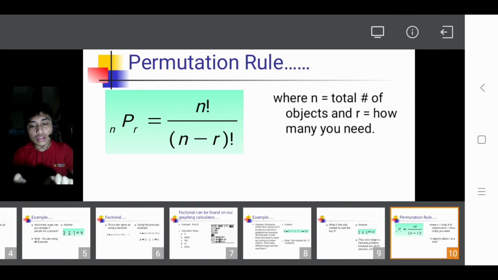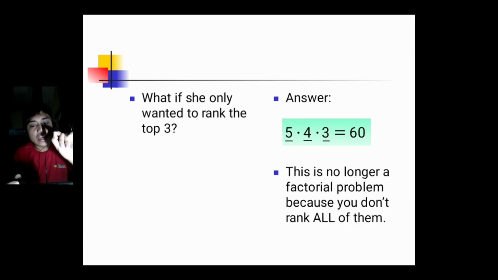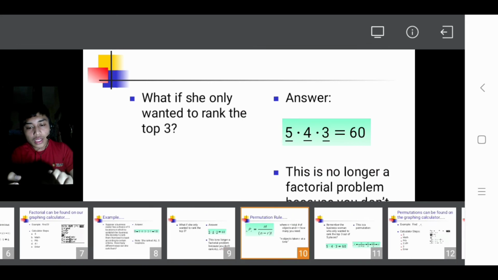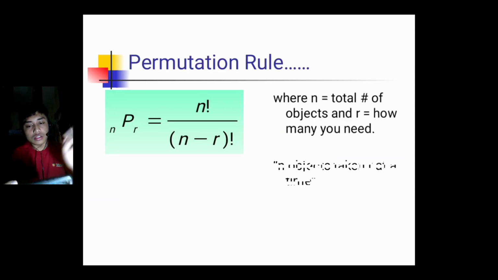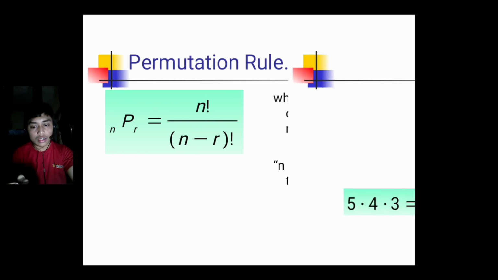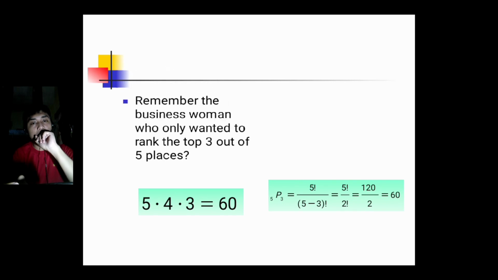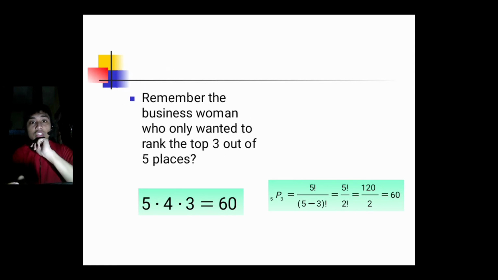Kanina, r ay hanggang ilan lang, tatlo lang ang kailangan, pero ang total is 5. Ganun lang din yon. So n objects taken r at a time. Now, balik tayo sa example para mas klaro ang komputasyon.